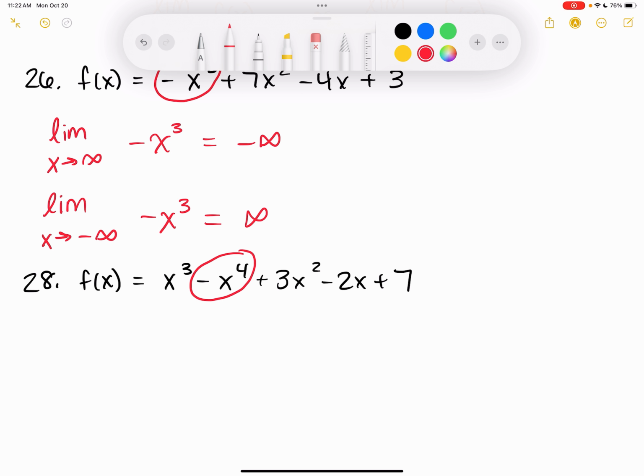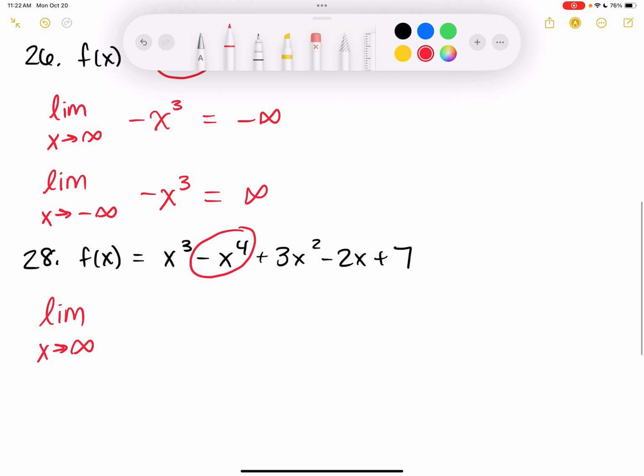So I'm looking at the limit as x approaches infinity of negative x to the fourth. So if I plug in positive 500 to negative x to the fourth, where's this going to be going? Negative. 500 to the fourth is a really big number times a negative.